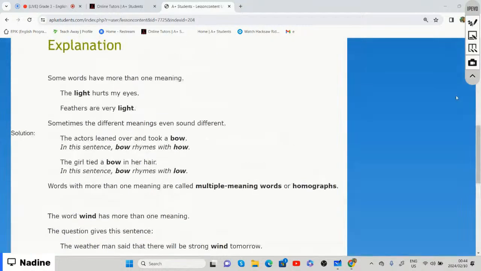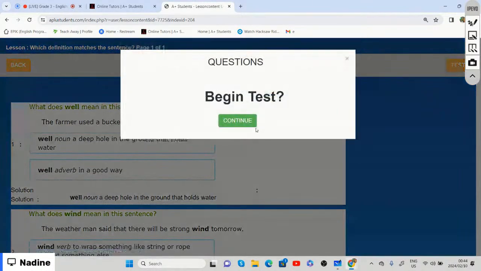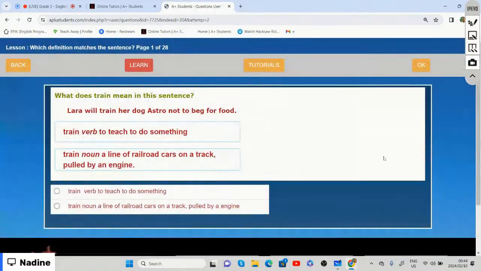All right, now we're going to our test. What does train mean in the following sentence? It says Laura will train her dog, Astro, not to beg for food. So Laura will train her dog, Astro, not to beg for food.